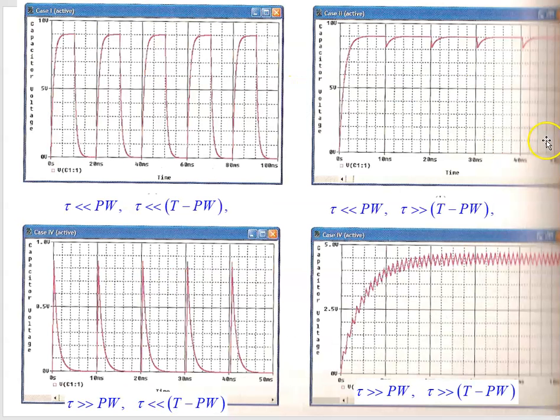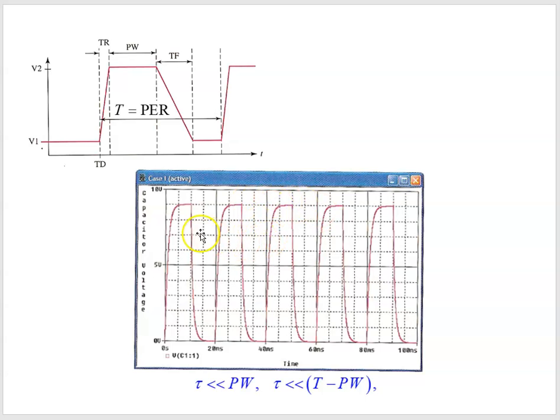So these are different examples comparing the time constant to the pulse width, and not only the pulse width, but the T minus the pulse width: the period of time that the pulse is high and the period of time that the pulse is low. If we step through these examples, this worked very well because the time constant was much less than the pulse width. It was also much less than T minus the pulse width, the period of time that the pulse was low.